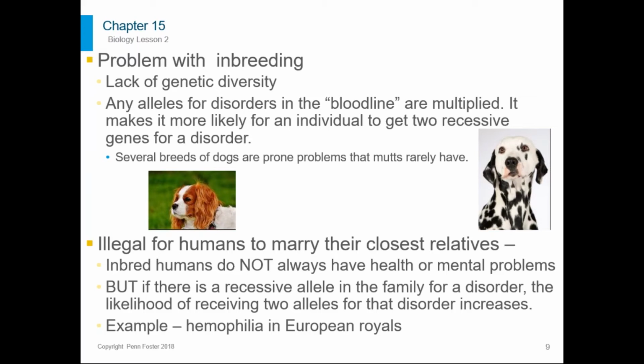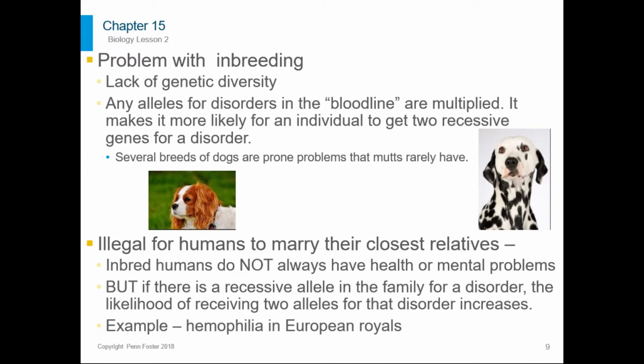And an example of this is the hemophilia in European royalty in the early 1900s. Even though they were different countries, people wanted their family to marry well. So the princes of one country would marry the princesses of another country, and that just kept going until everybody was related.